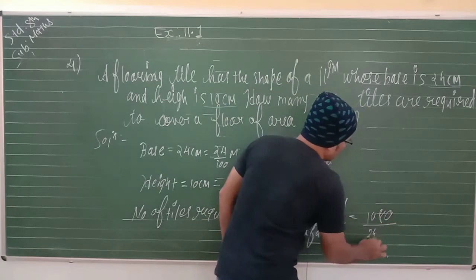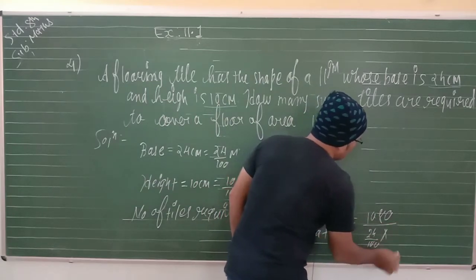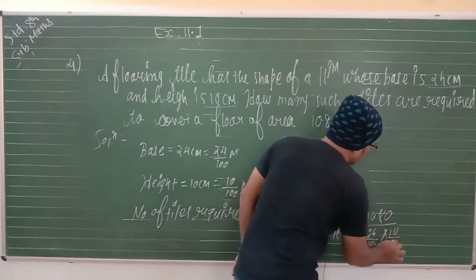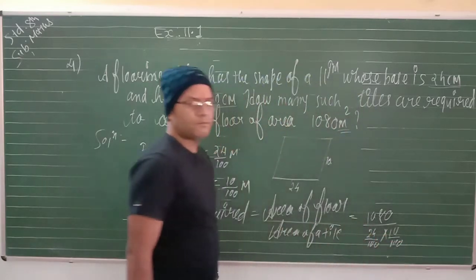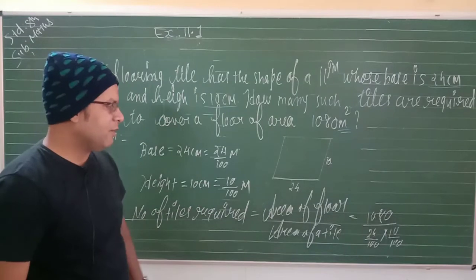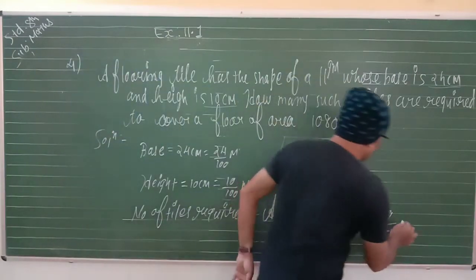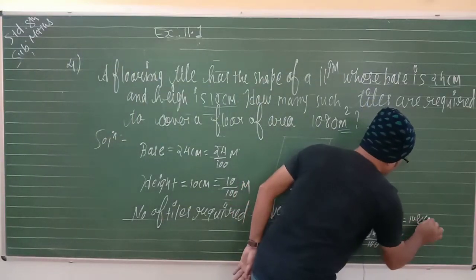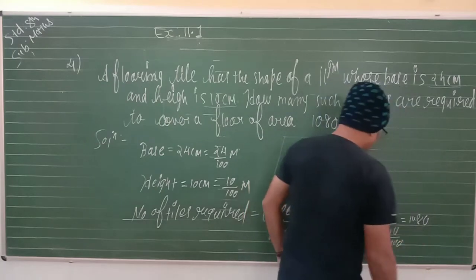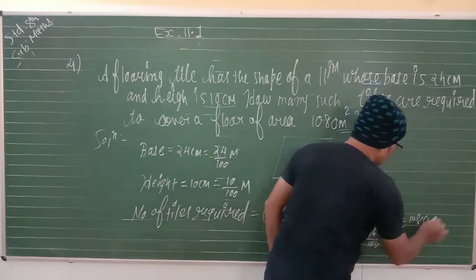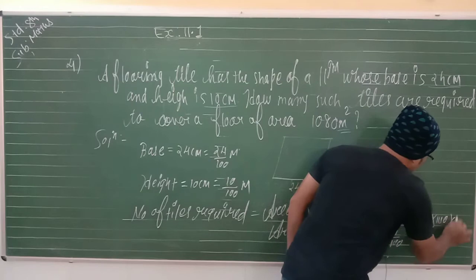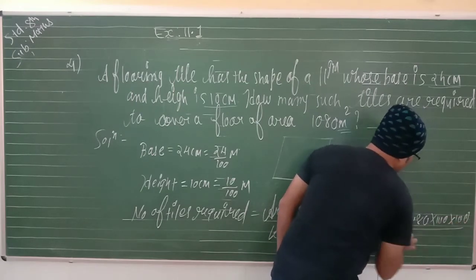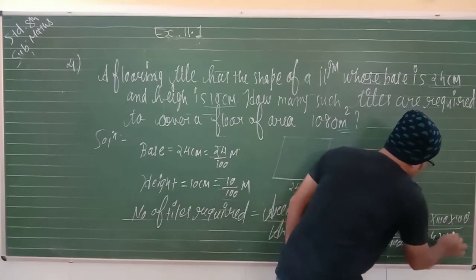Equal to 1080 divided by 24 upon 100 into 10 upon 100. Now see, the denominator becomes the numerator. So 1080 into 100 into 100 upon 24 into 10.